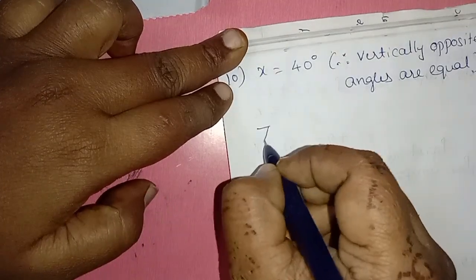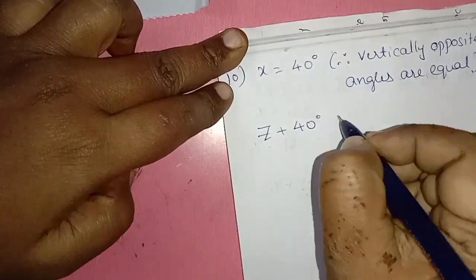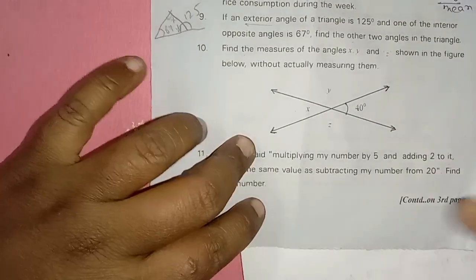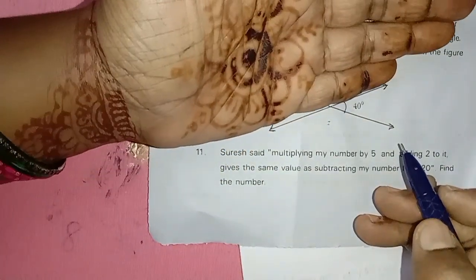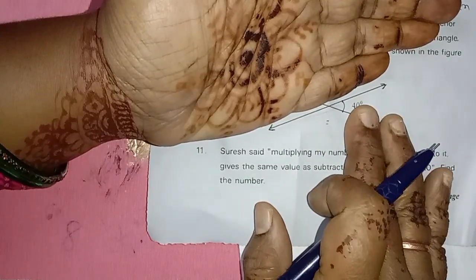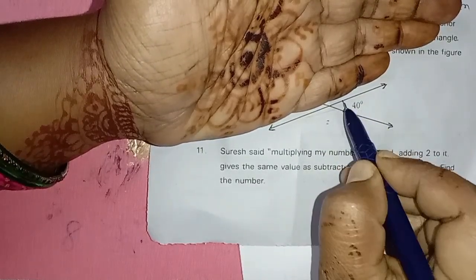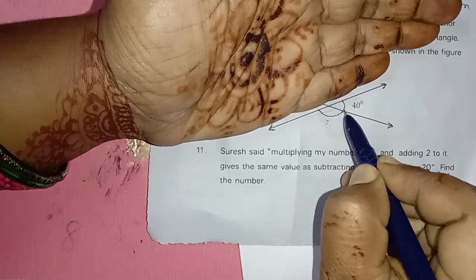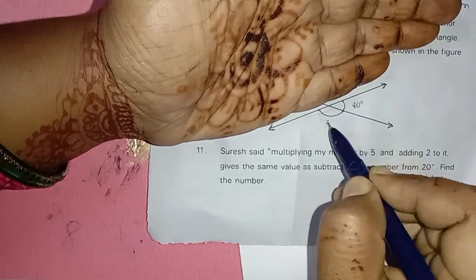Now z plus 40 degrees equals 180. In our question, if you forget about this part and see this line only, forget this line also, this is a straight line, which will have 180 degrees. One part is 40 degrees, the second part will be 180 minus 40.